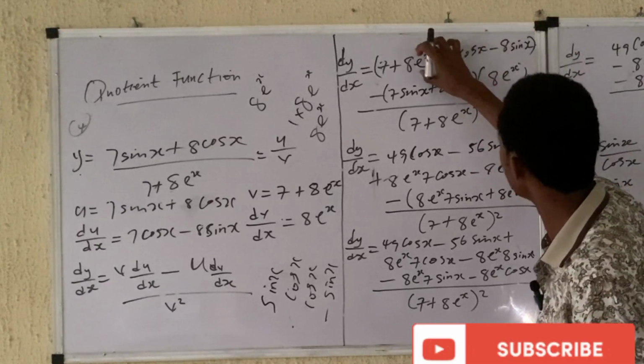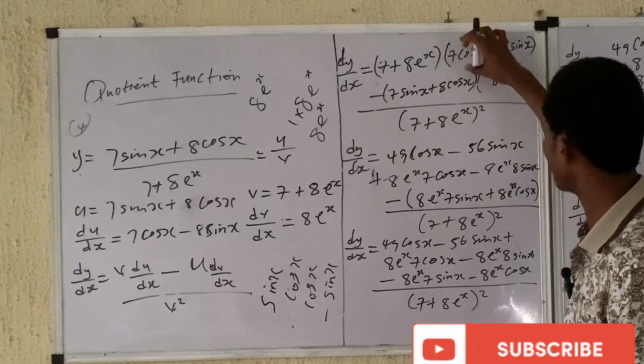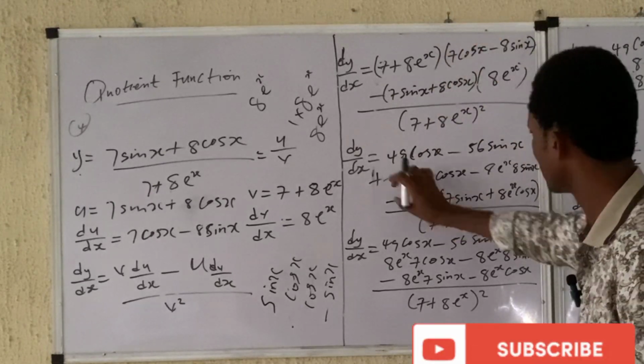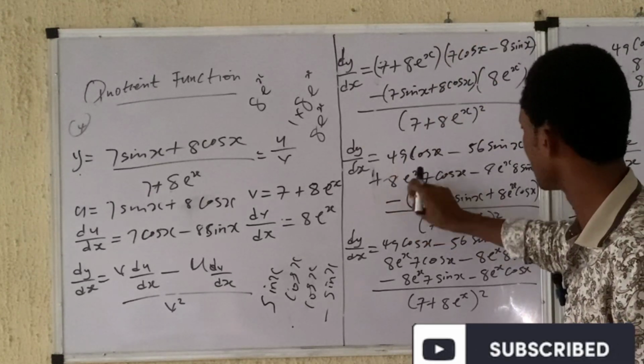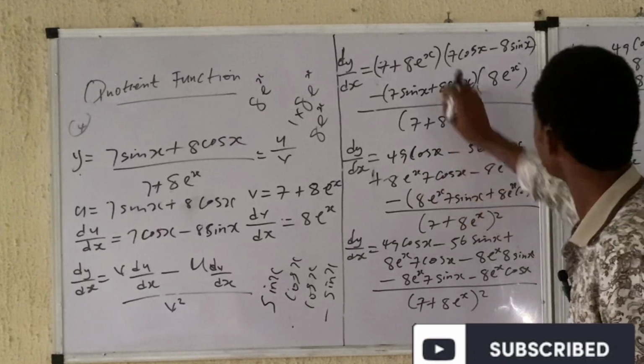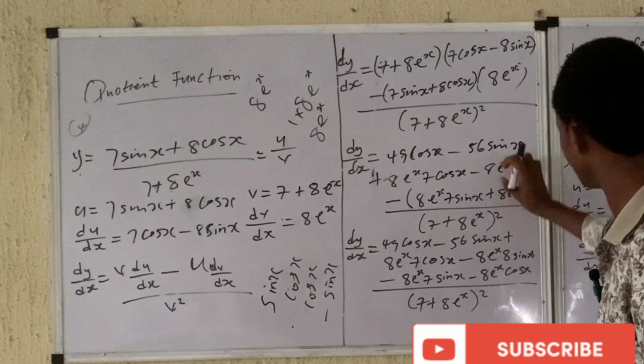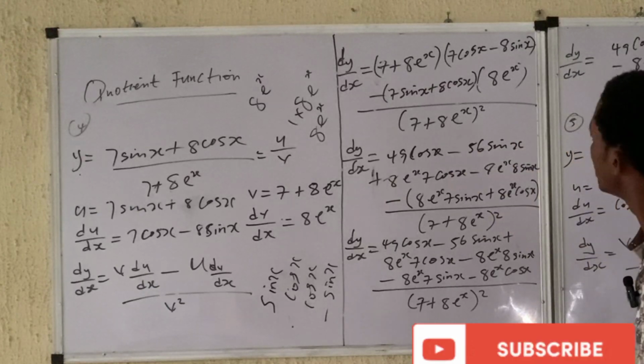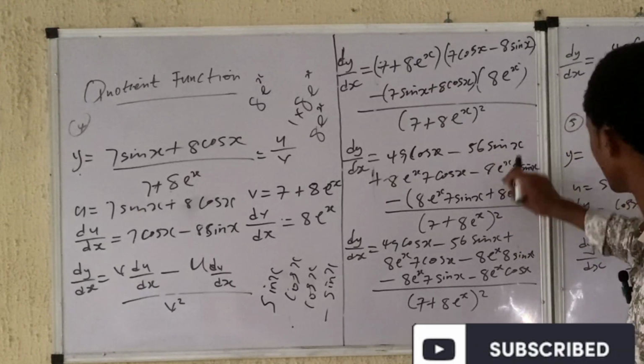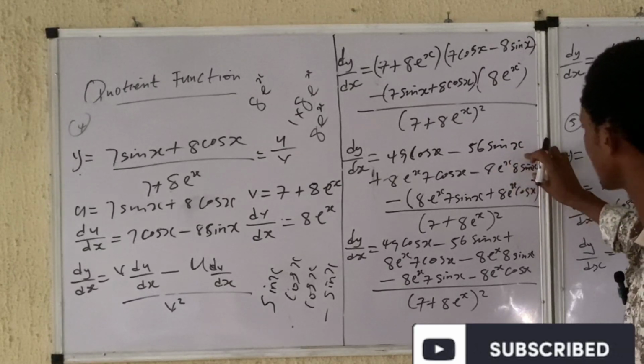Now, we use the 8 exponential x to multiply 7 cos x, which will give us positive 8 exponential x, 7 cos x. Now, using the 8 exponential x to multiply negative 8 sin x will give us negative 8 exponential x, 8 sin x.